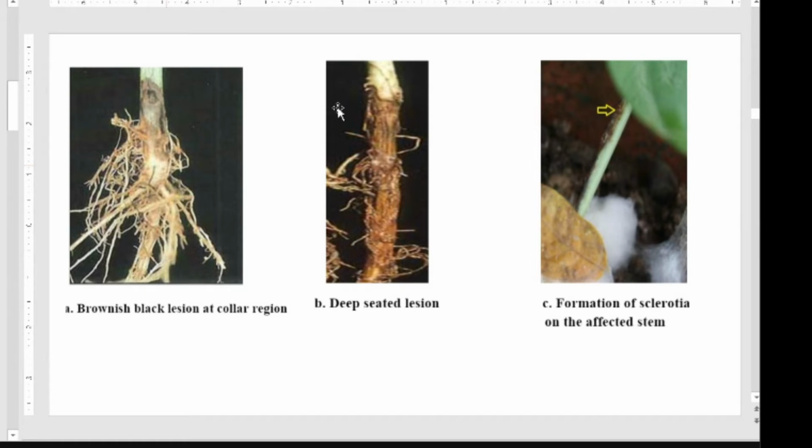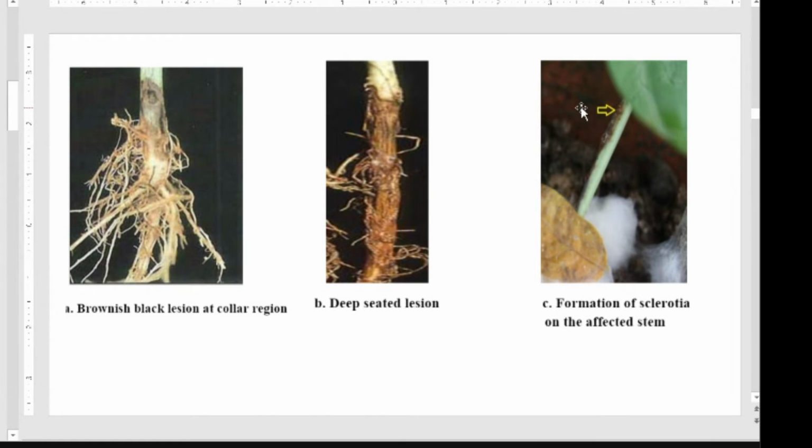Initially some linear reddish brown cankers are seen that entirely girdle or cover this stem. As a result, eventually these reddish brown sunken cankers progress to the root, and there may be wilting in bean or cowpea.